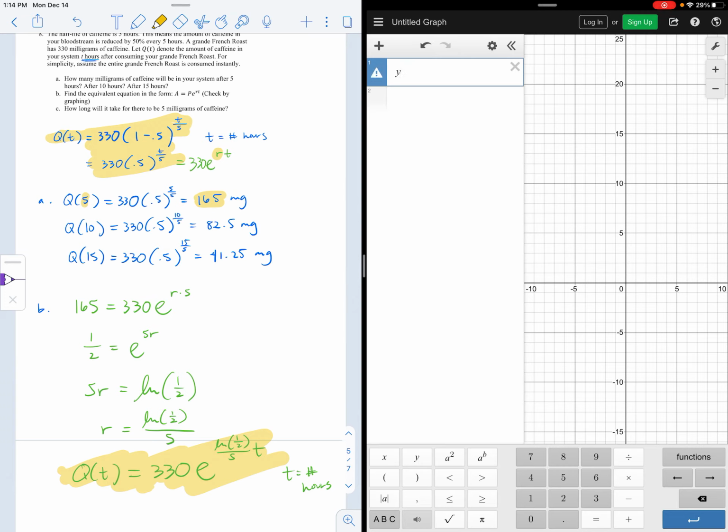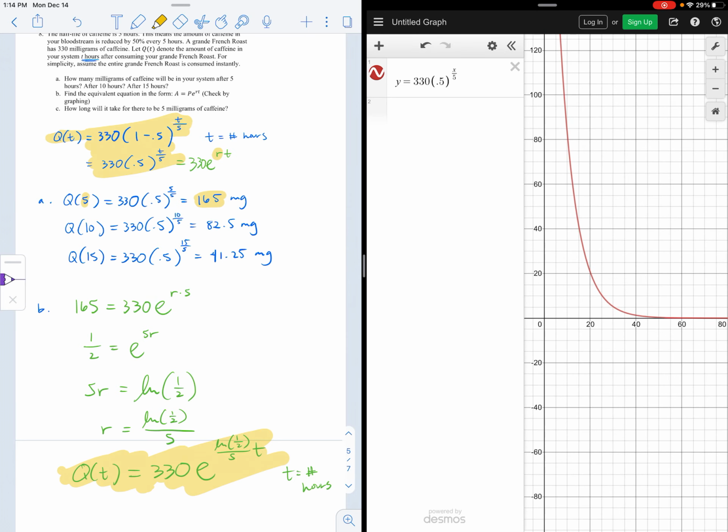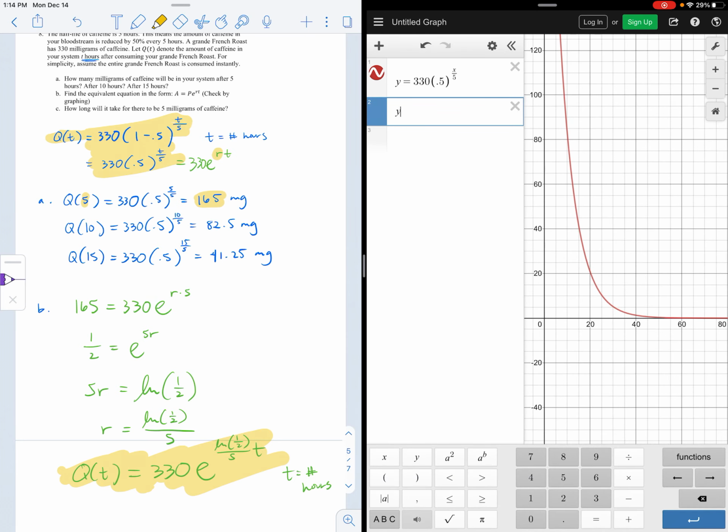So y, I'm going to use x's and y's instead of t and q of t. So the first equation would be y equals 330 times 0.5 to the x divided by 5 power. Okay, so there's that curve.